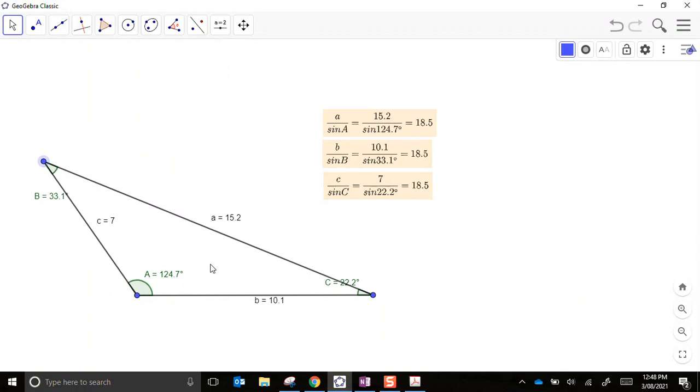Any triangle at all, a divided by sine A equals b divided by sine B equals c divided by sine C. We don't get too worried about what number that works out to equal. We get excited about the fact that all three of these are always equal to each other. And that's the sine rule.